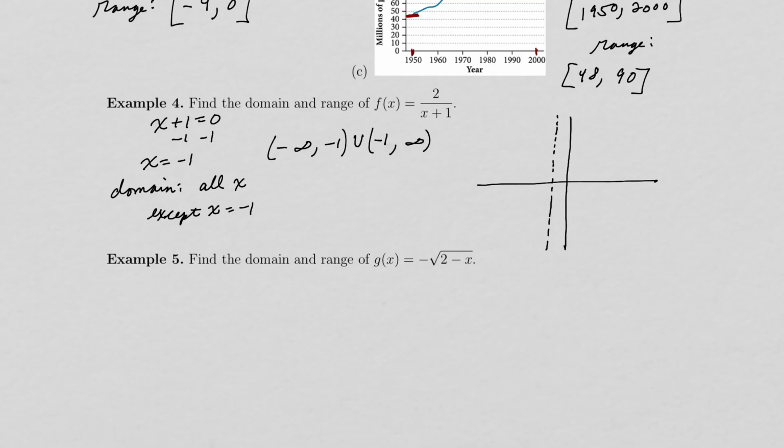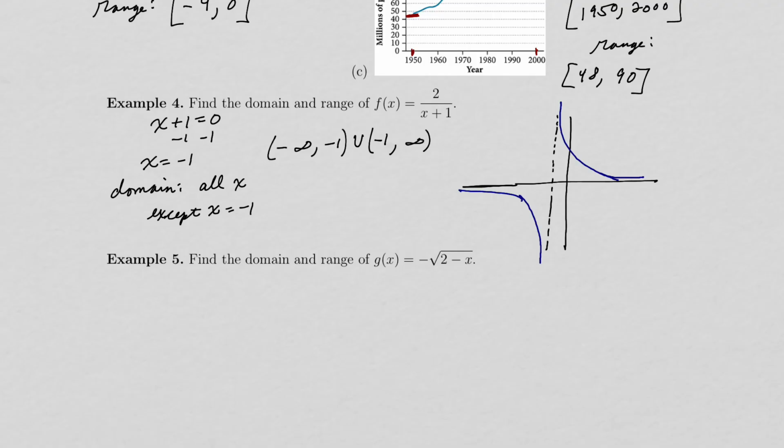Let's say the graph looks something like this. So this is going to get closer and closer to -1, but never touch it. And then this side will get closer and closer to 0. And same thing here. This actually gets closer and closer to 0, but never touches it.